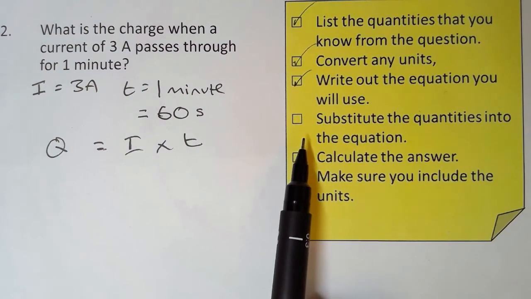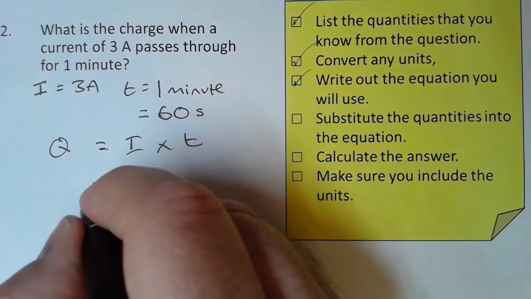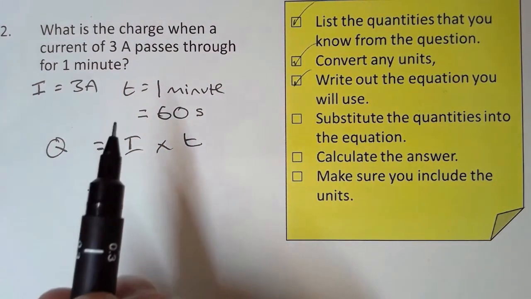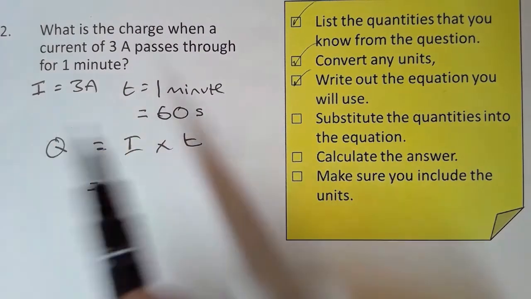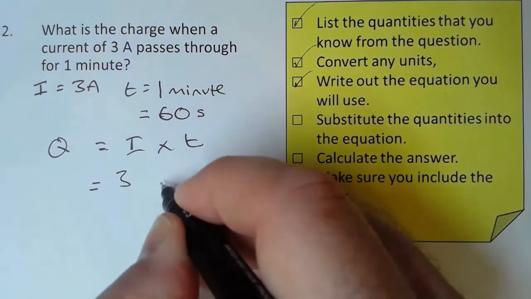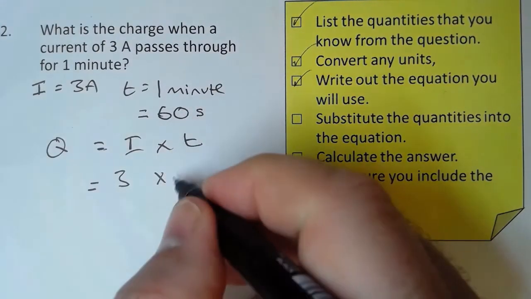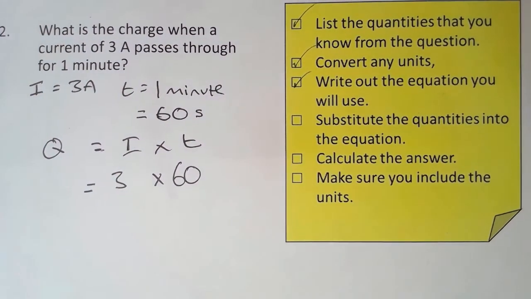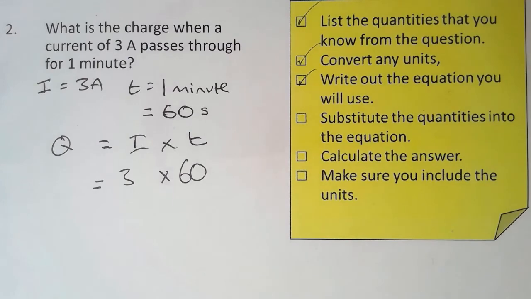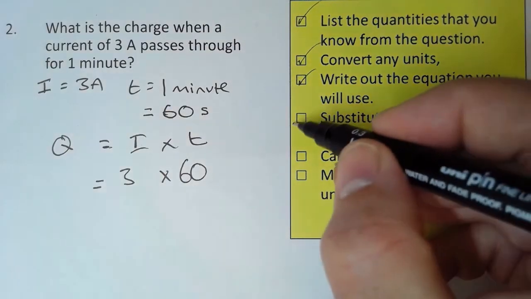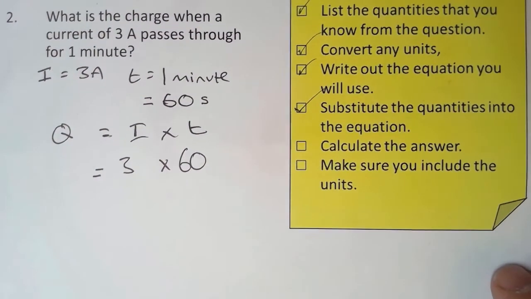Substitute the quantities into the equation. So this is equal to, the current is 3 amps, multiplied by the time, which we've converted into seconds here, 60. Again, you can probably do that one in your head, okay, but I would strongly recommend that you use a calculator.